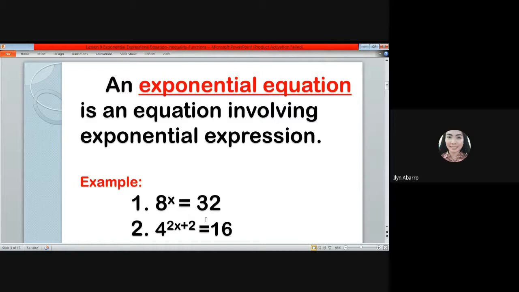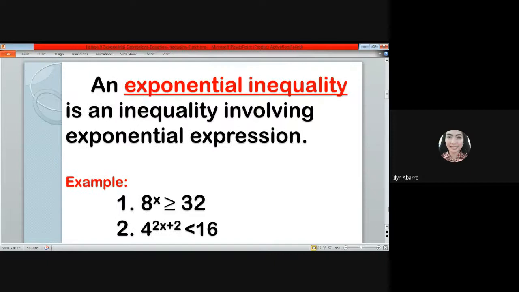So we can consider this already as an exponential equation. Exponential expression can also be at the right side. They can be interchanged, or both sides can be exponential expressions, and they are still an exponential equation. Okay, let us have the next one.